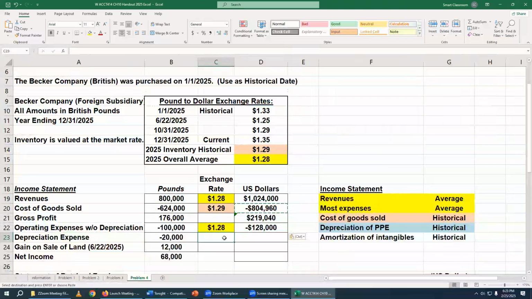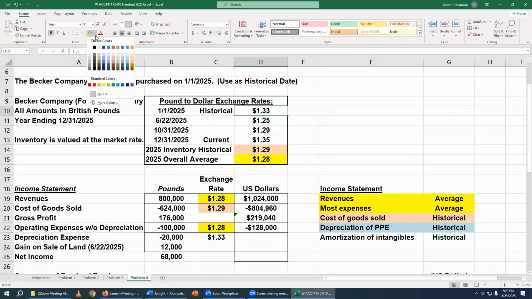Depreciation expense will be at the historical, however, it'll be at the historical for the equipment, which will be from the beginning of the year. By the way, this is similar to a problem that we had. Gain on sale of land on 622.